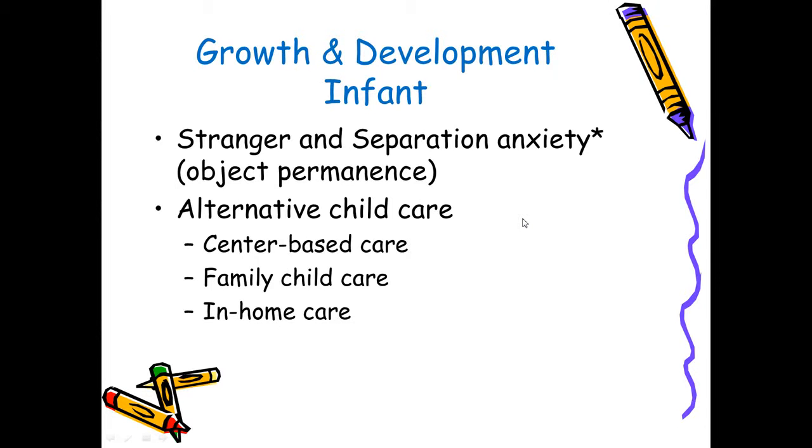Generally, the reaction of the child is going to depend upon the way in which the stranger approaches. So, the way in which a stranger approaches the child dictates the amount of reaction the child will have. All right?